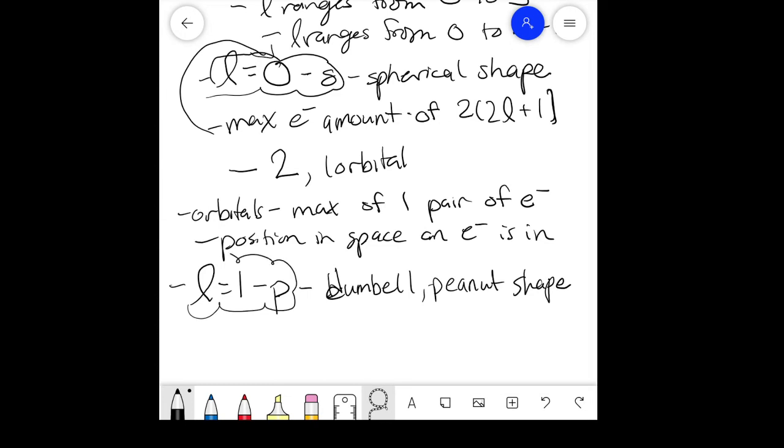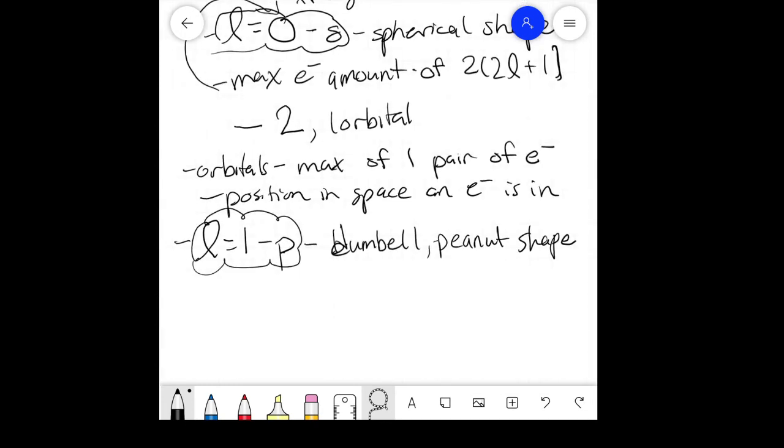Whatever is going to help you remember that L equals 1, P, peanut shape, and so for L equals 1, you can have a max of 6 electrons, since there are 3 orbitals.